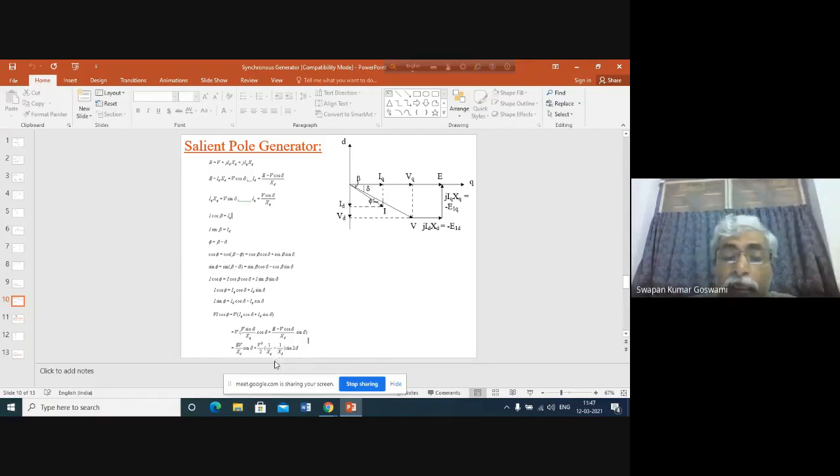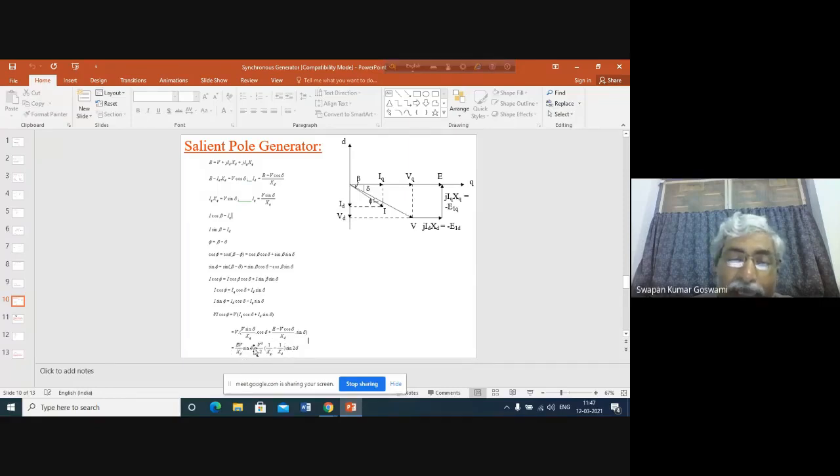Okay, but this part is almost the same. So you see that in this part there is no E. It is solely dependent upon the terminal voltage. That means this part does not depend upon excitation, upon field current. But this part depends.